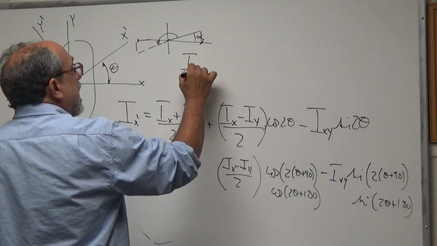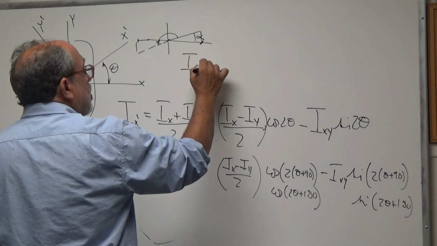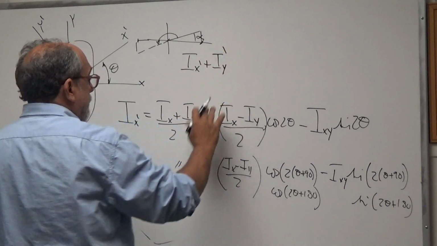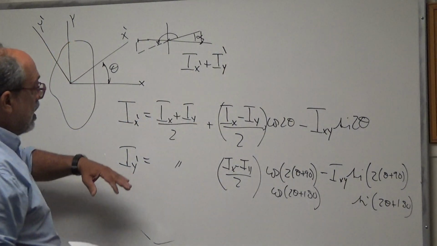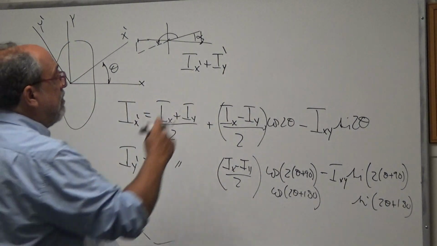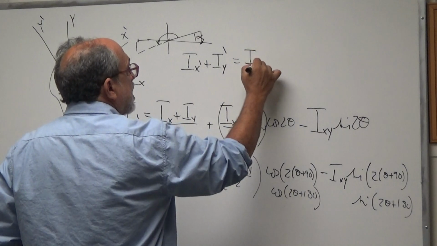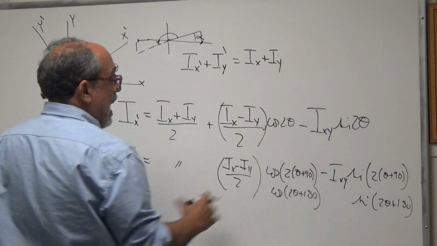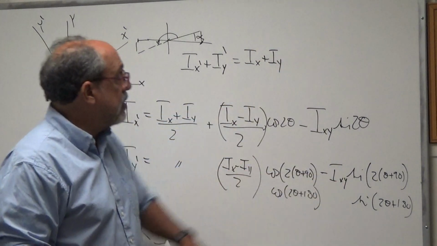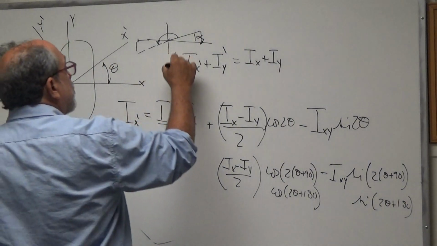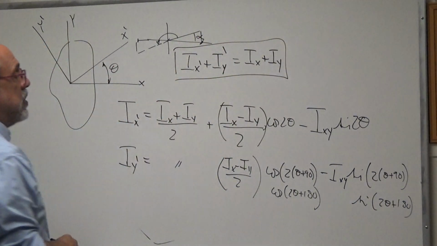That means that this term and this term just simply change signs, right? Therefore, if we add Ix prime plus Iy prime, that is, we add these two expressions, this thing will add to itself, so we get Ix plus Iy, and this will cancel and this will cancel because the signs change. So you have this relationship, which is kind of interesting.